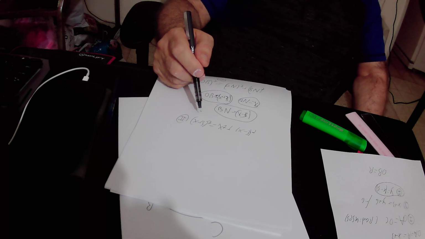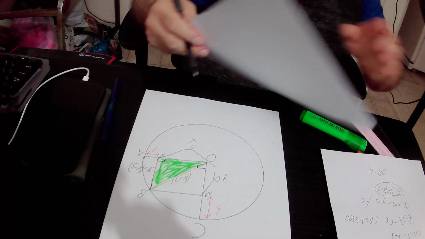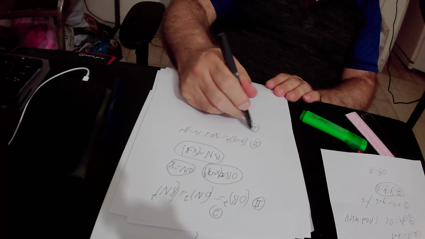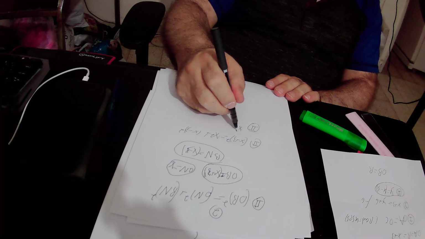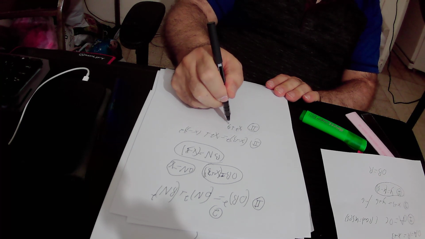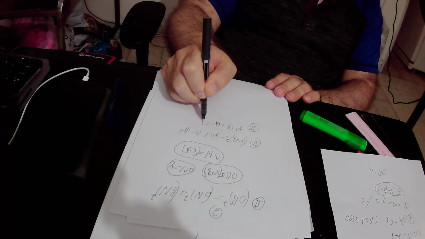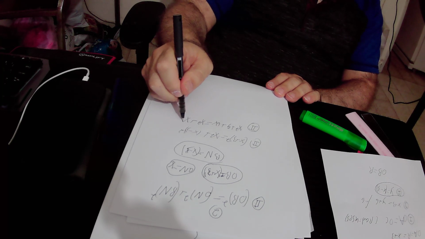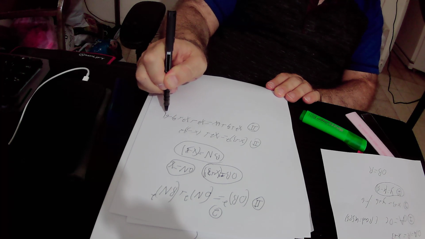We will open the brackets in equation number 2. So we will get x square plus 9 plus 6x equals x square plus x square plus 9 minus 6x.